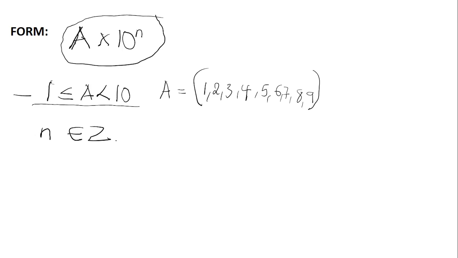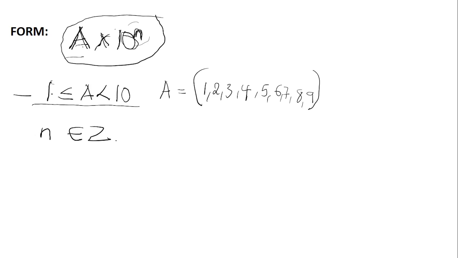Now, A and n are just numbers, different numbers. So we are saying that the only numbers that you can put on the part of A are from 1 to 9. This is what it means. 1 is less or equal to A.